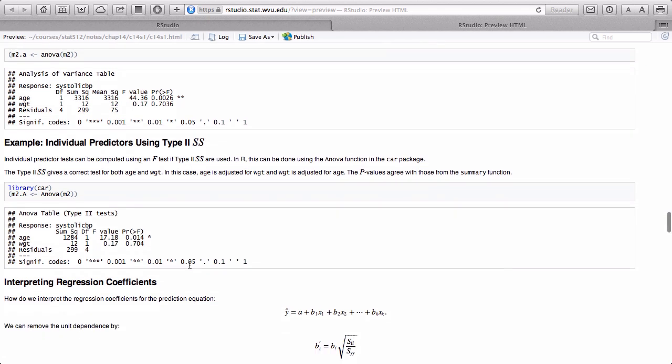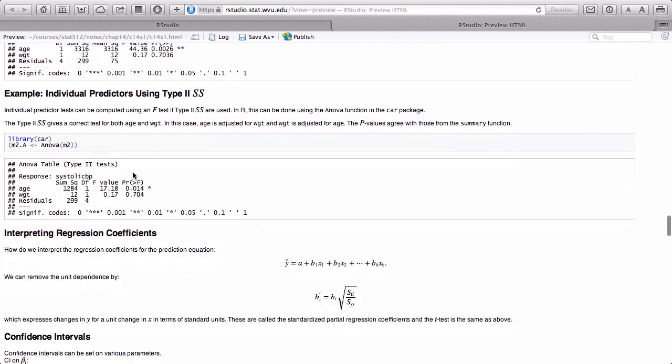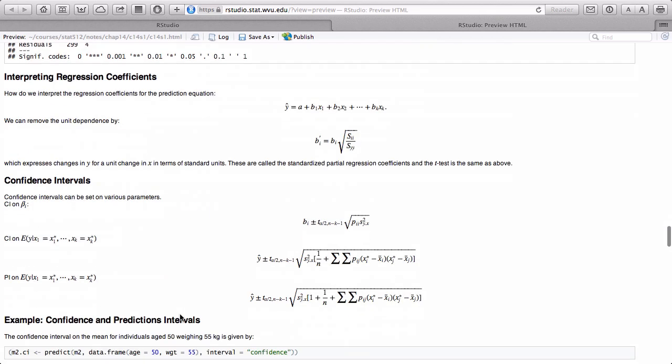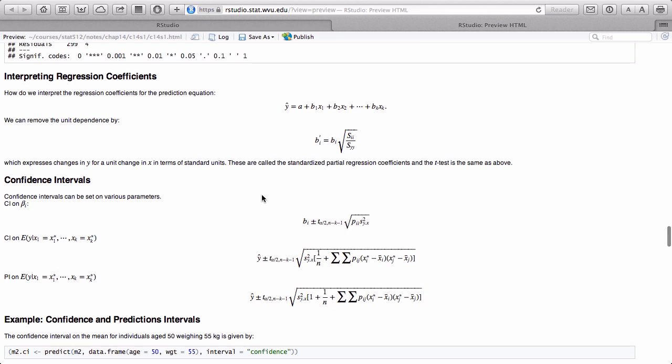Here I talk about type 1 and type 2 sums of squares using the ANOVA. And the standardized regression coefficients are standardized so that they're unitless. If you look at B sub i, it has units of y over the units of x sub i.